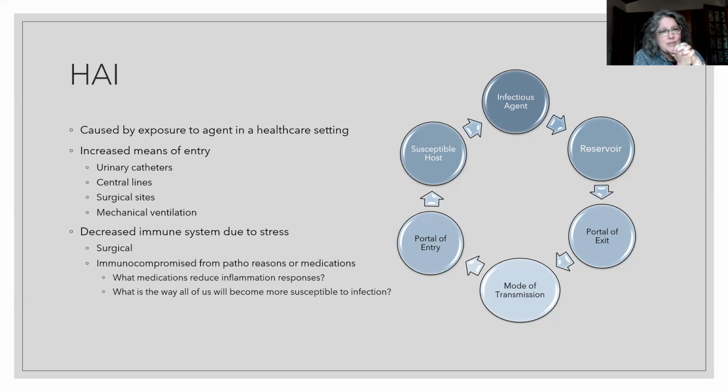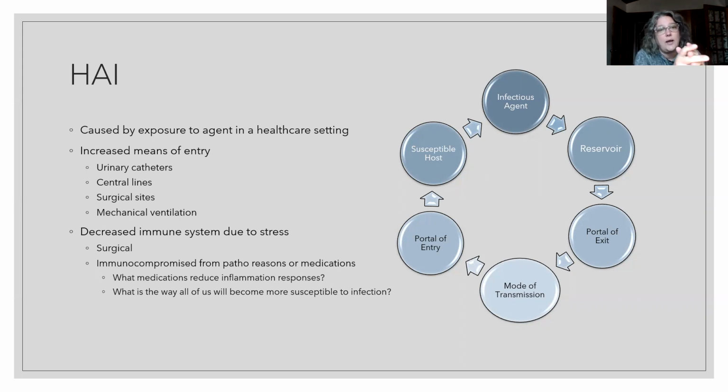The other reason why people get healthcare acquired infections is because their immune system is damaged or in overdrive or stressed, and it's not going to be responding appropriately. So in the case of a surgery, we're having people purposefully get trauma. That's what surgery is. It's purposeful, intentional, therapeutic trauma.